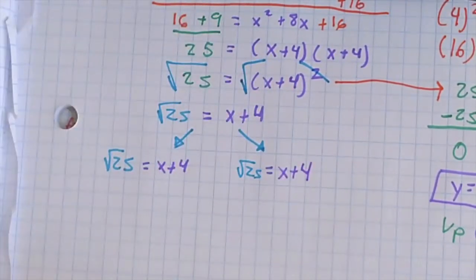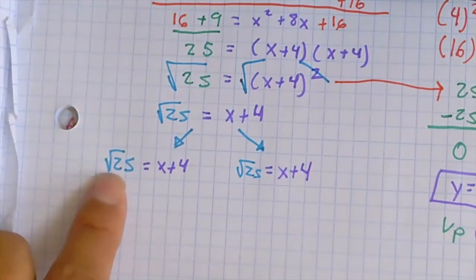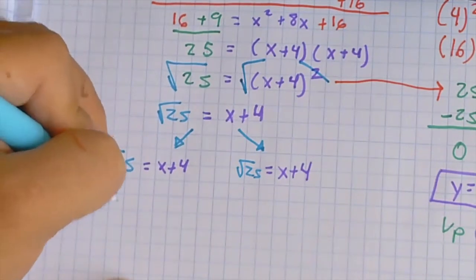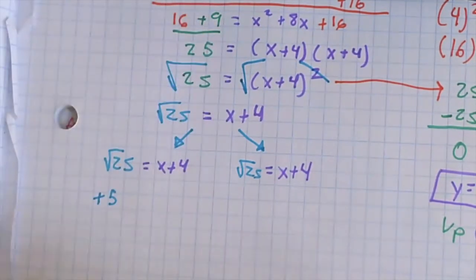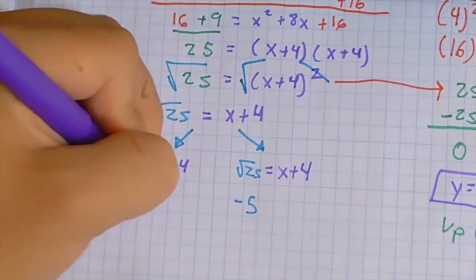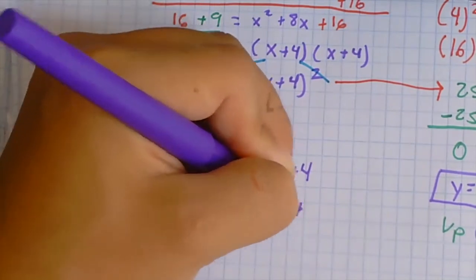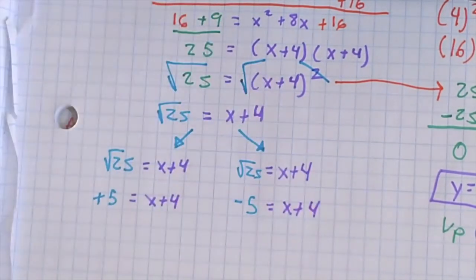But knowing the square root property, the square root of 25 is both positive 5 and negative 5. So x plus 4 equals both positive 5 and negative 5.